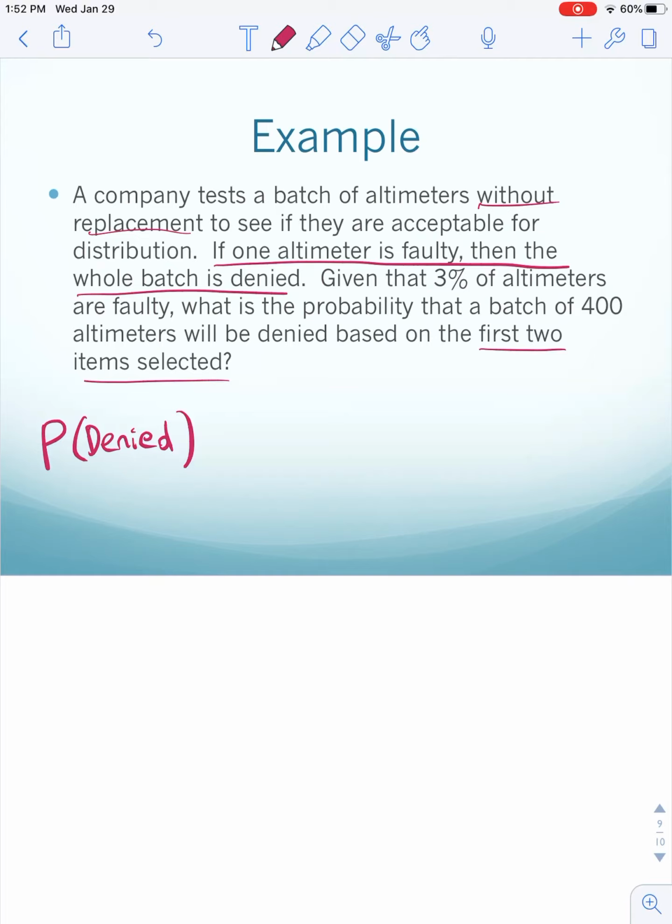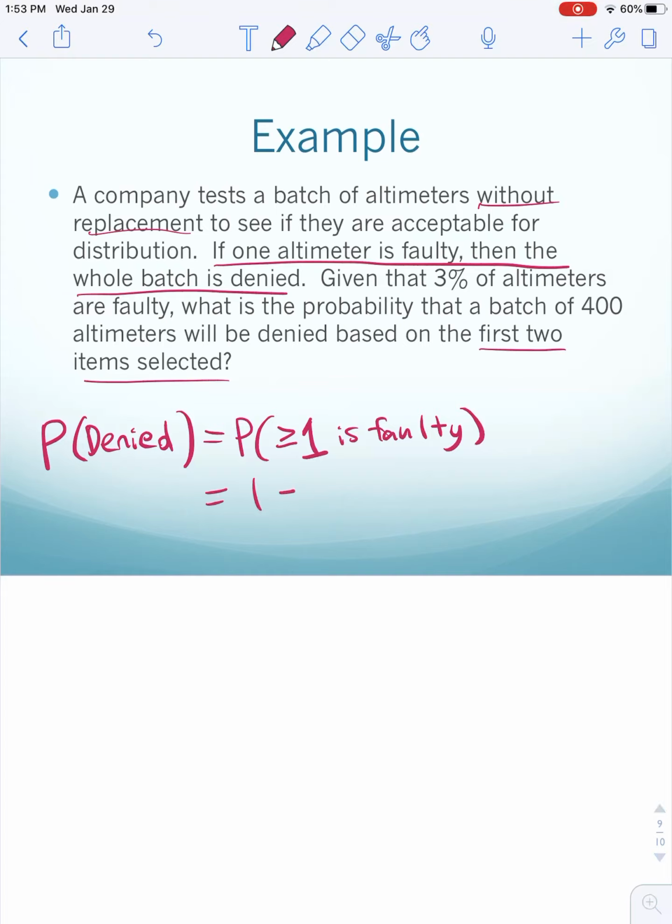If one's faulty, they're going to deny it. They both have to be good to not deny it. So the probability that it's going to get denied is equal to the probability that at least one is faulty. I hope that makes sense. The only way we're going to deny it is if one of them is faulty.